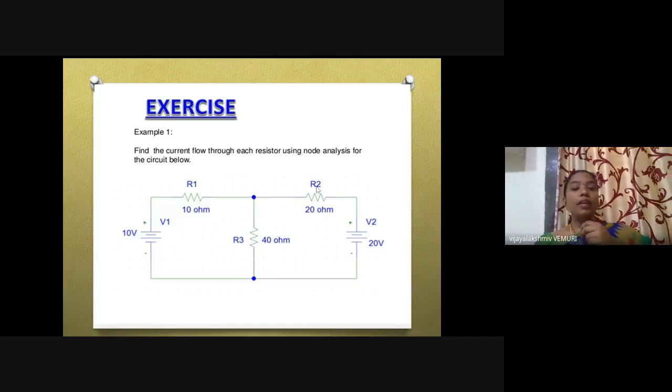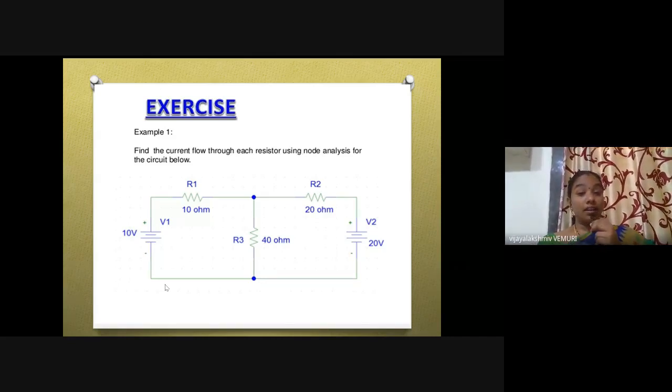So how many essential nodes are there? An essential node is one where you connect 3 or more branches. So this is one essential node, isn't it? This is another essential node because 1, 2, 3 are connected. So how many essential nodes here? 2.